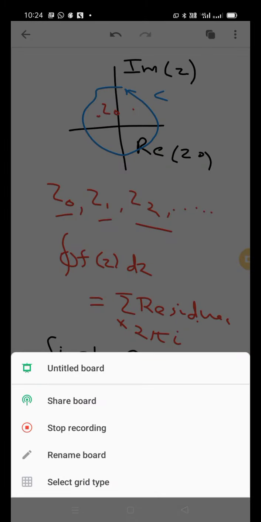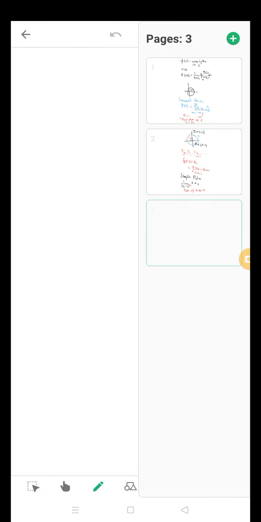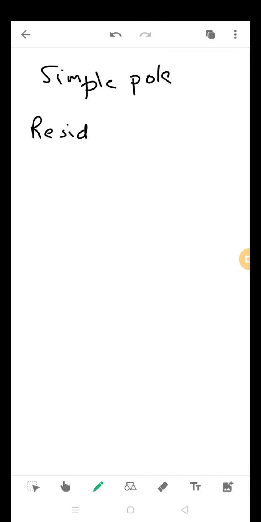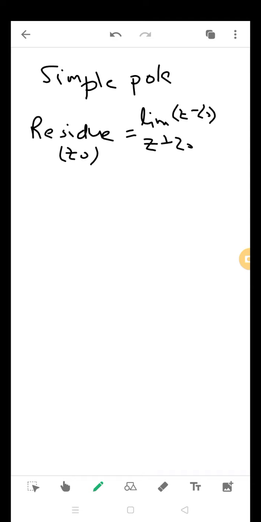So normally we can express, for a simple pole, the residue is simply equal to the limit, see the simple pole is at z0, so limit z tends to z0 of (z minus z0) into f(z).